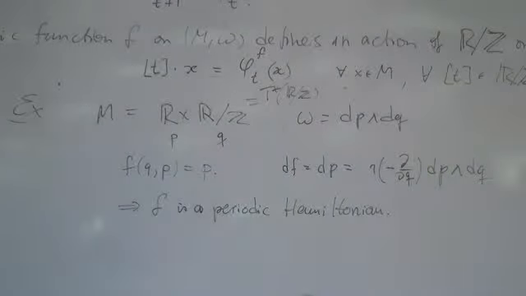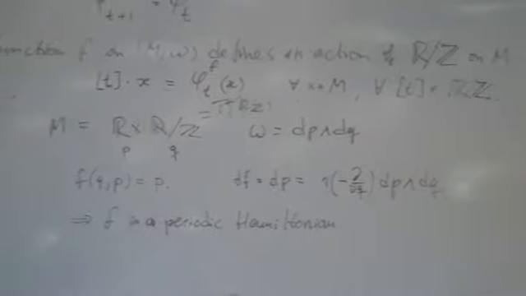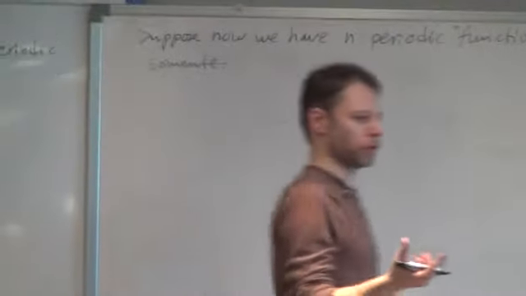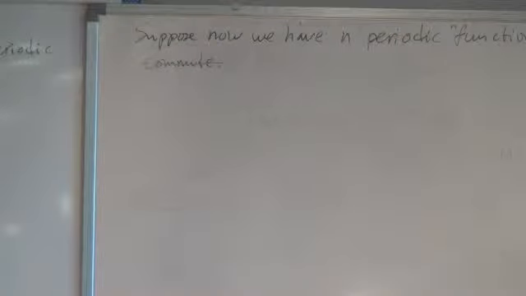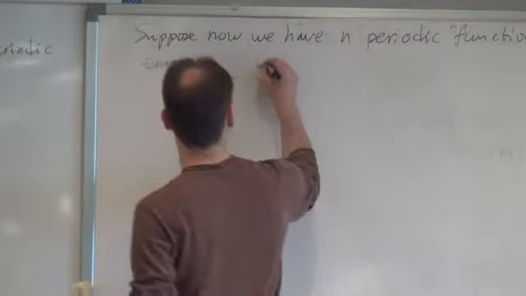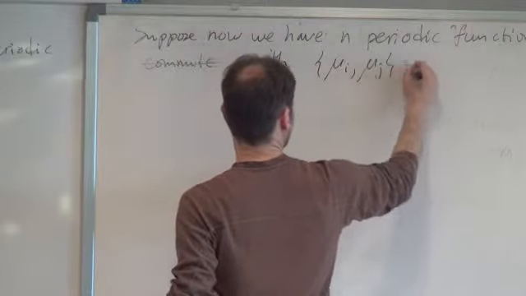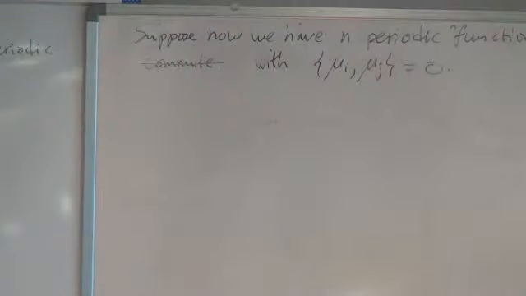Okay, so suppose I have functions whose flows commute. Let me make a stronger assumption, right? If I want the flows to commute, then I want the Lie brackets of their Hamiltonian vector fields to be 0. But remember, I actually have an extension of vector fields by smooth functions. So the assumption I'm going to make is that their Poisson brackets are 0.